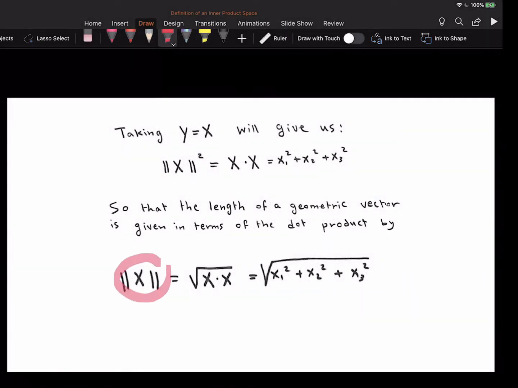The magnitude of the vector x will be the square root of x1 squared plus x2 squared plus x3 squared.